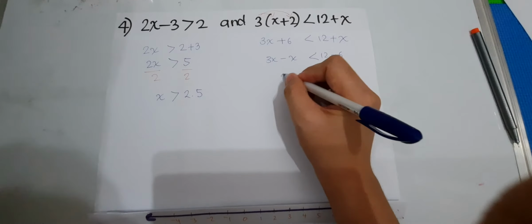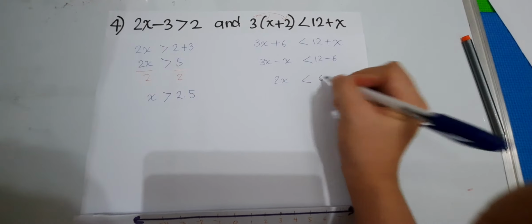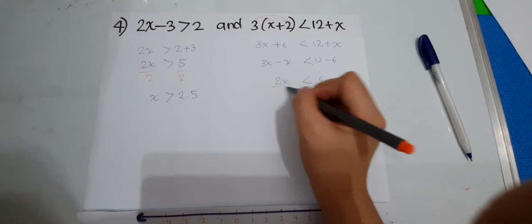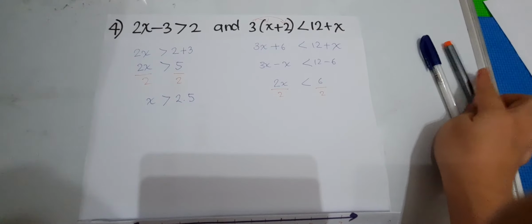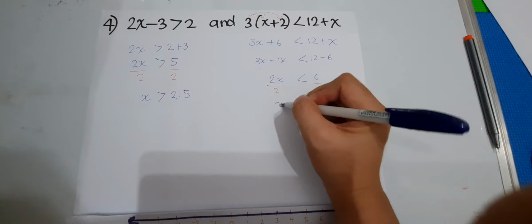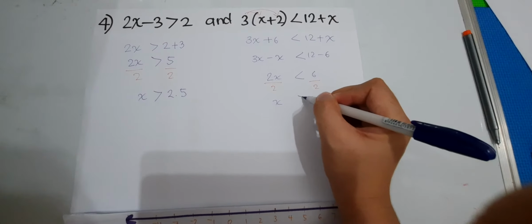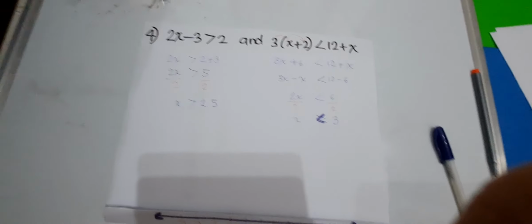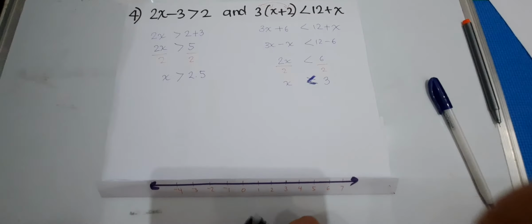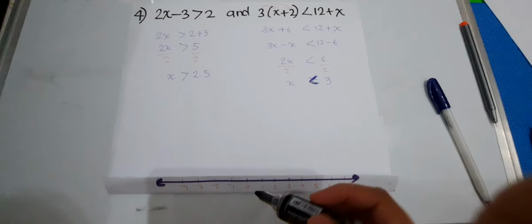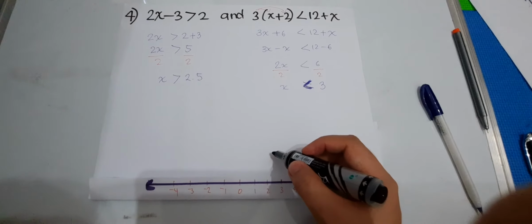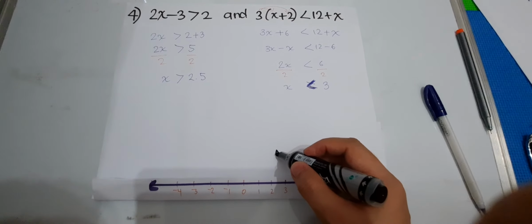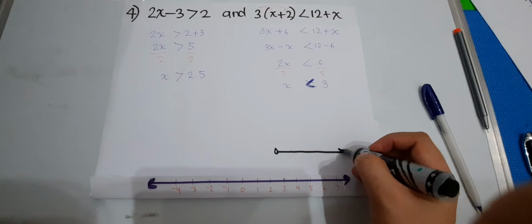So this will be 2x less than 6, dividing both sides by 2. So we will get x less than, no change, we divide by a positive number, so x less than 3, and then we put it on the Cartesian plane here. So greater than 2.5, 2.5 is here, going to the right side.